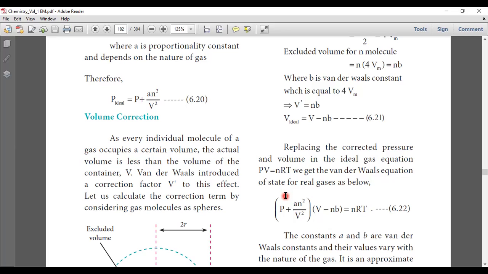So tell me correctly, what form is this in? We wrote the ideal gas equation, right? PV is equal to nRT. So now look at this equation. This refers to pressure, this refers to volume and number of moles, then gas constant and then temperature, right?